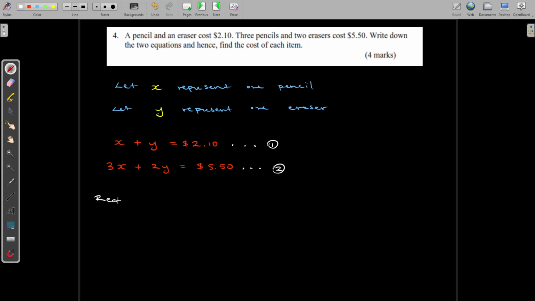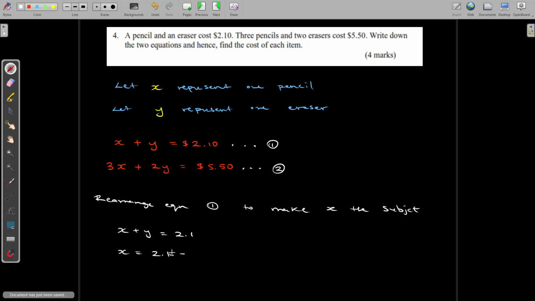So rearrange equation 1 to make x the subject. So equation 1 says x plus y is equal to 2.1. So x is equal to 2.1 minus y. So this would be your equation 3.